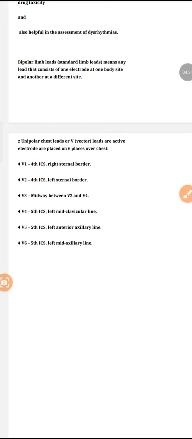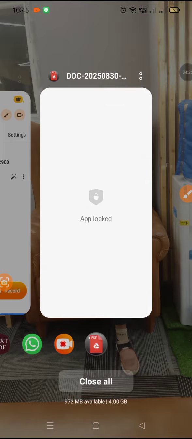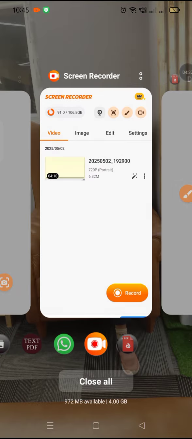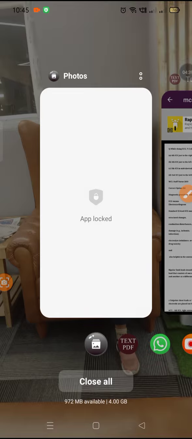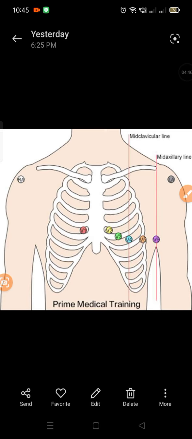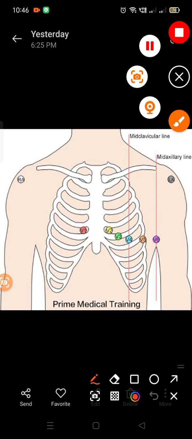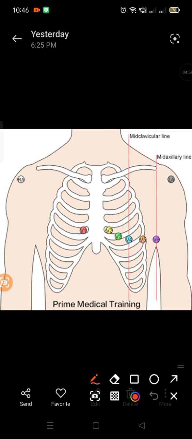So I will show one image. This is the image, in which the placement of the electrodes can be seen.